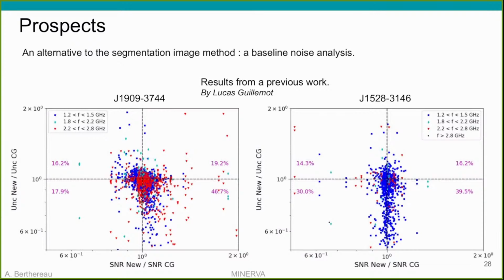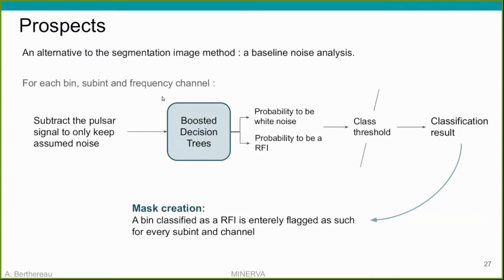Well, what we are thinking is that since we are working on each bin, sub-integration and frequency channel, whereas for my method and Coastguard, we usually compute statistical values through the bin dimension.